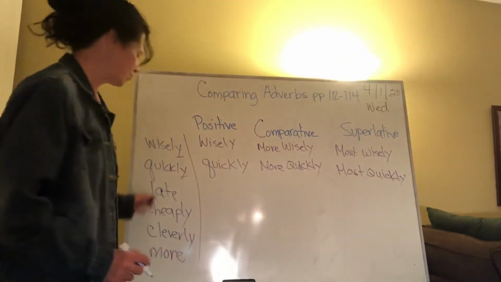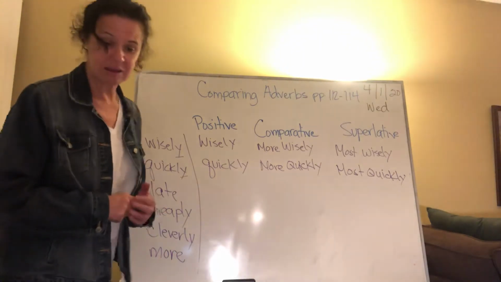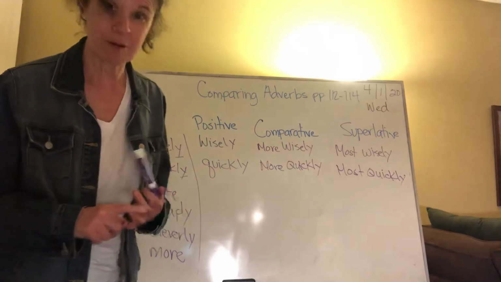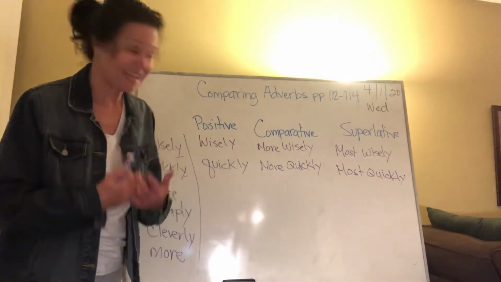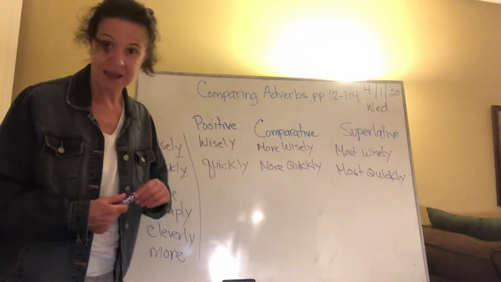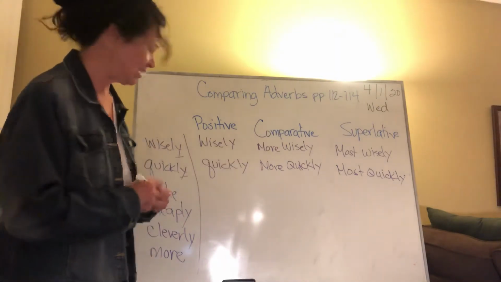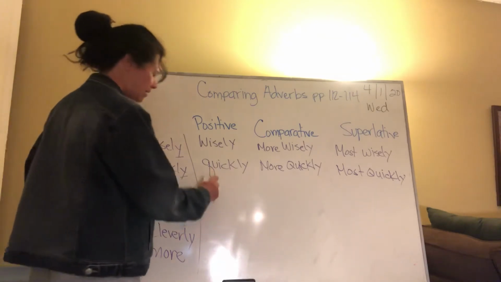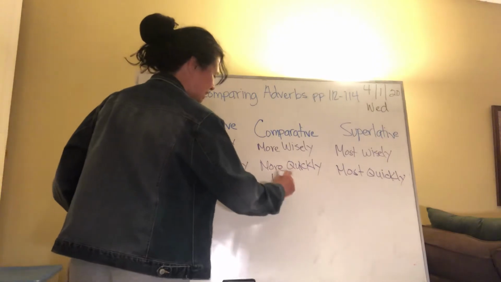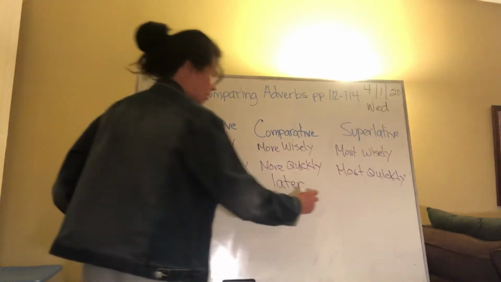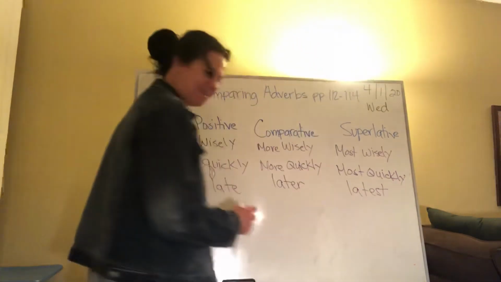All right? Now the next word says late. So it doesn't end in ly, so we're not going to put more or most in front of it. We're going to follow the typical rule, which is putting an er when we're comparing, and when it's superlative, an est. So positive would be late, comparative would be later, and the superlative would be latest.